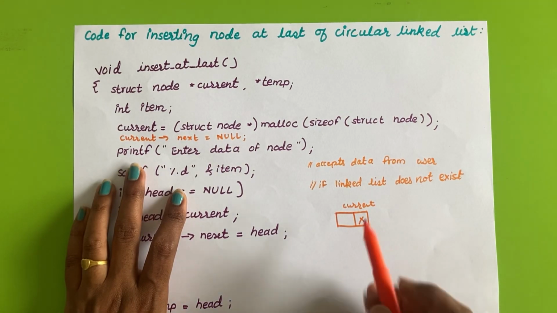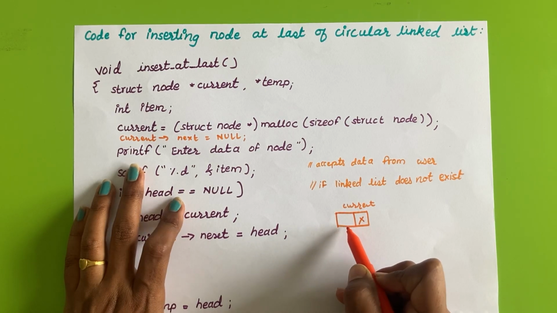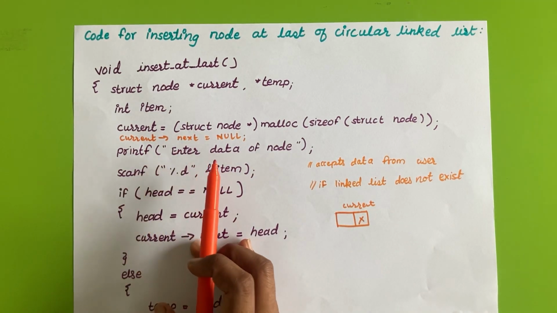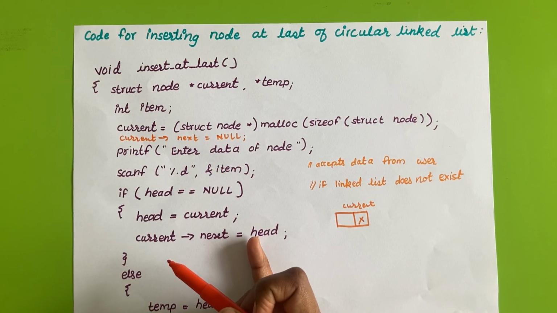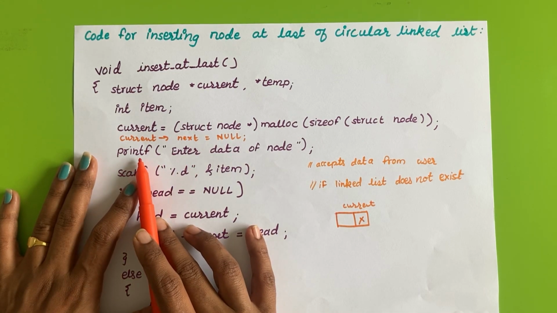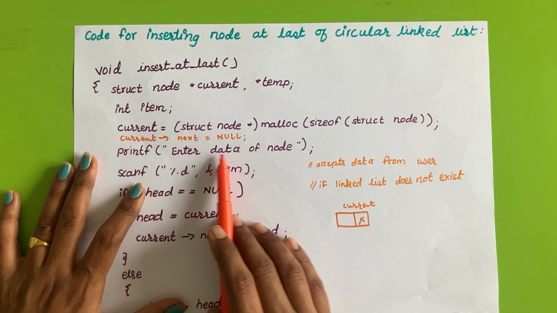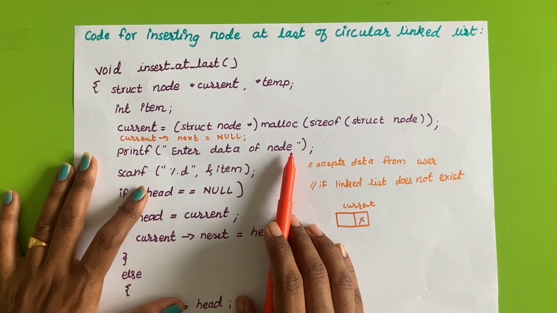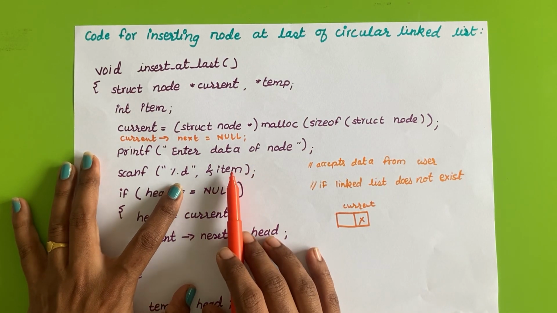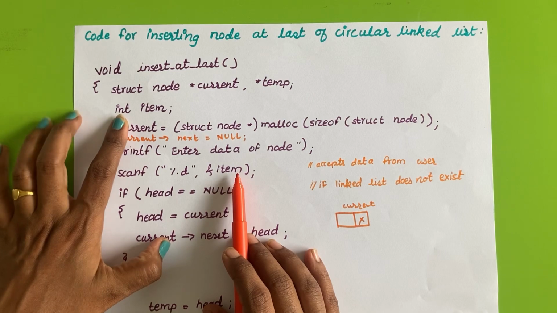Now we will assign the value of the data part of current node by the user. So for that purpose we are accepting one variable from the user itself. So for that purpose we have accepted variable item. So enter data of a node. So user will enter one value that should be integer only, because we have taken here the item variable as an integer variable.